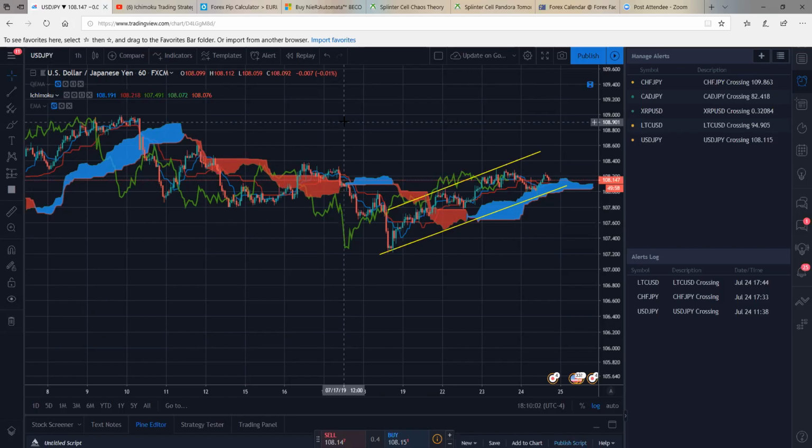And on the right side, 108.155. Yes. So that is where current price is at. The small difference in price between 147 and 155 is the difference the broker charges from the real price, because you have a spread with your broker.